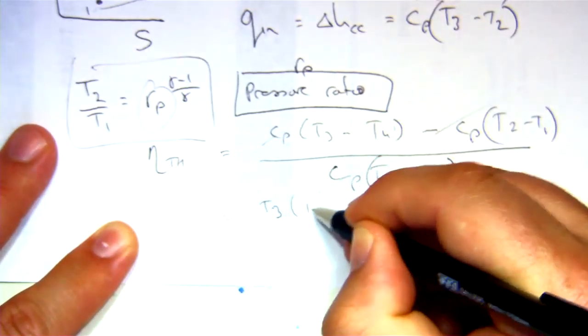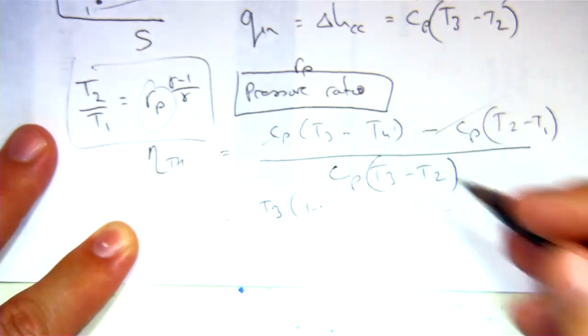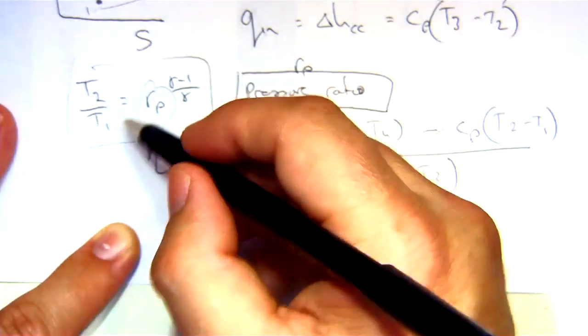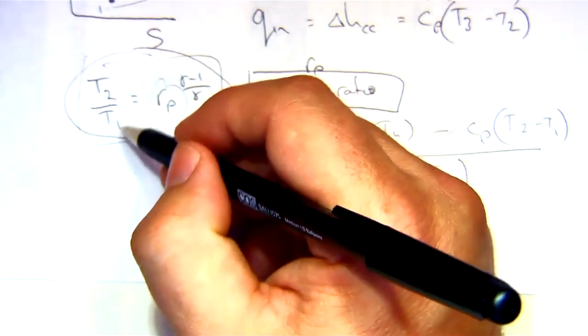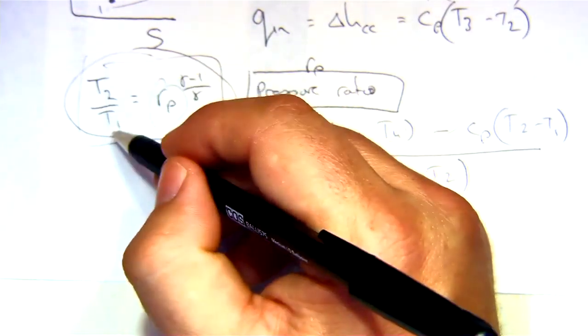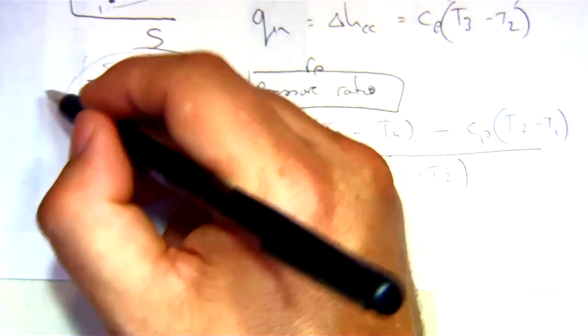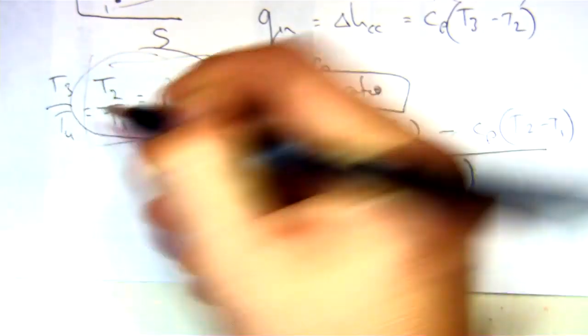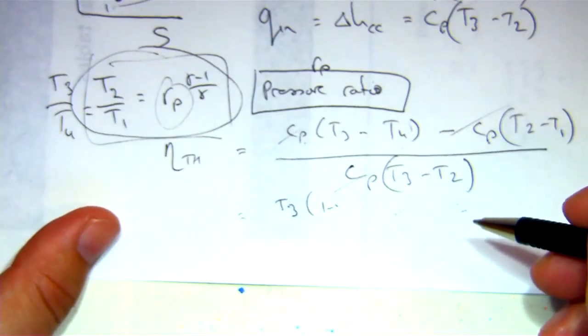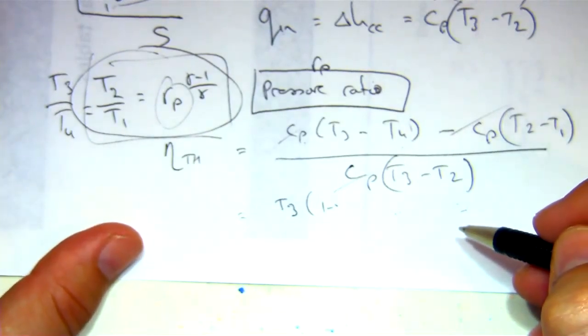T3, 1 minus. Now, if I start using this guy, I can say that this T2 on T1 is this. I can also say that T3 on T4 equals this. If you take your time to do it, one can do this.